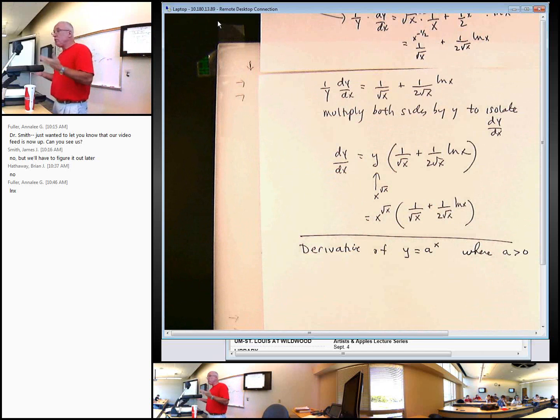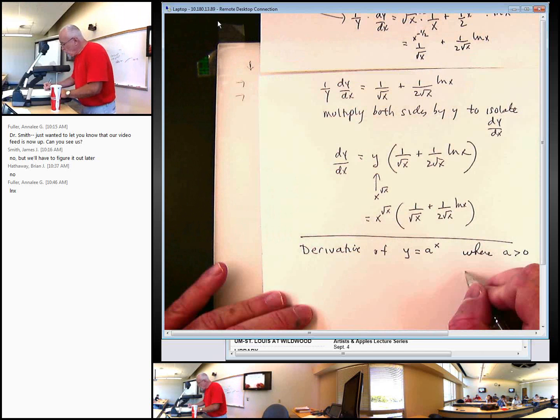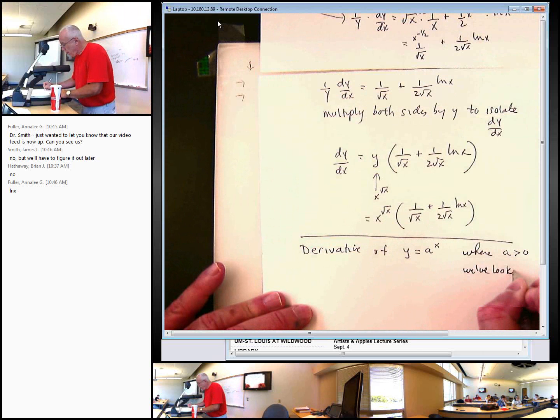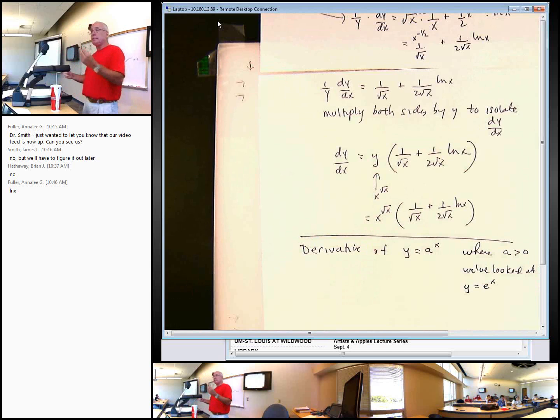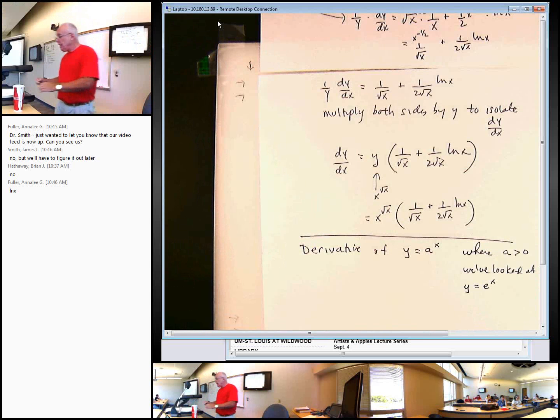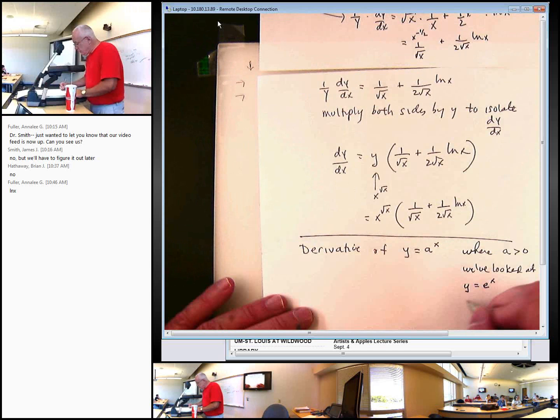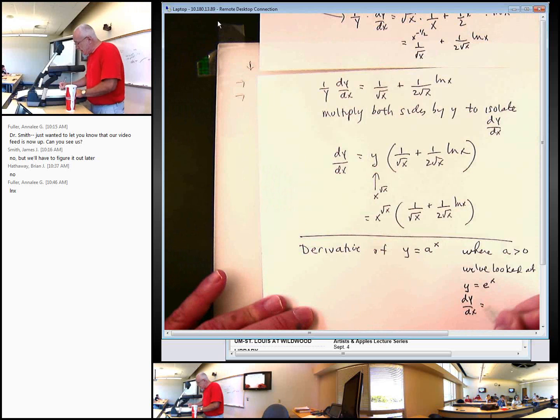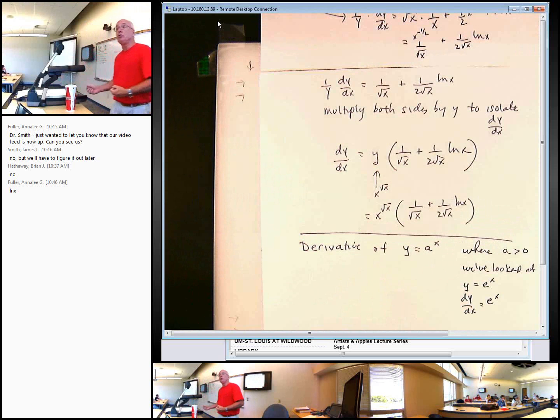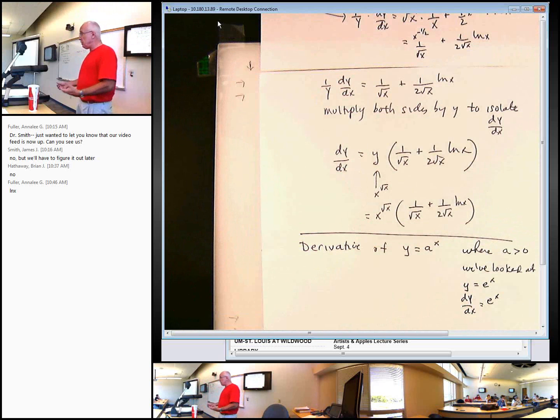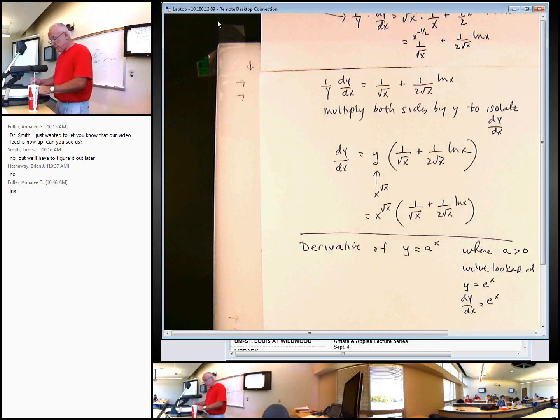Now, we've looked at y equal e to the x power, that specific base e, and we know that the derivative of y in this case is just equal to the e to the x function again. We've already looked at that. Here, a is any positive number as the base.